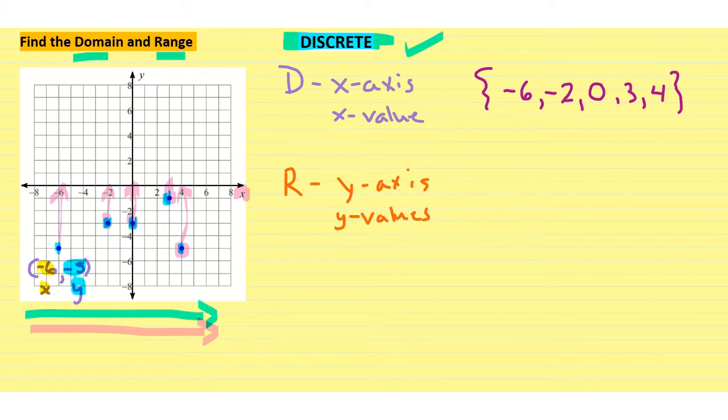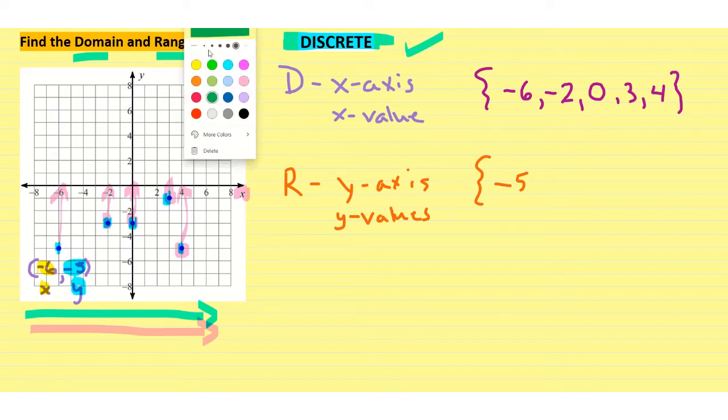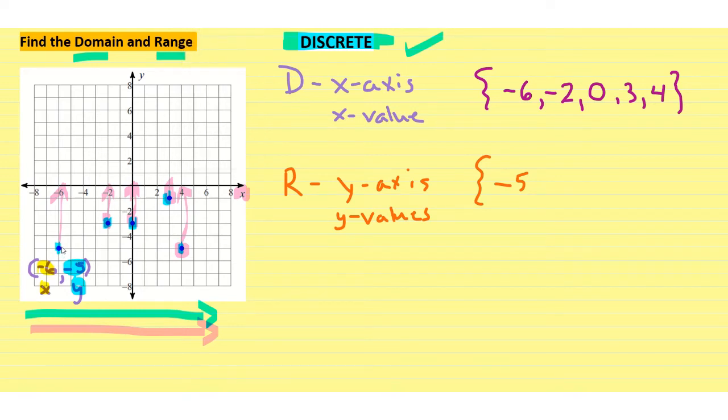So that means that that is literally our first range value, -5. But this one, instead of looking at the x-axis, we need to look at the y-axis. This point lines up with what on the y-axis? -5. And see, that makes sense. -5 lines up with -5.